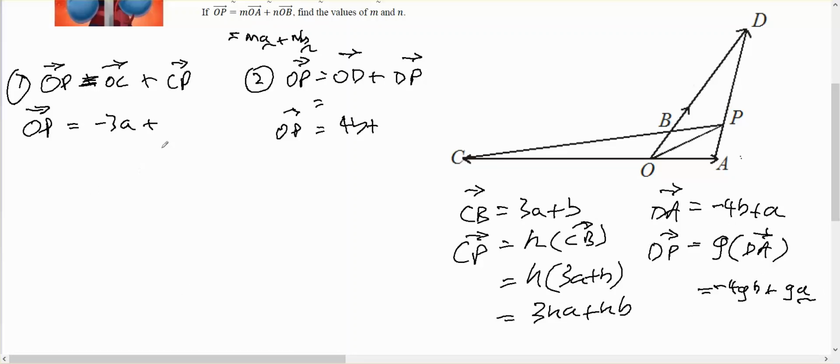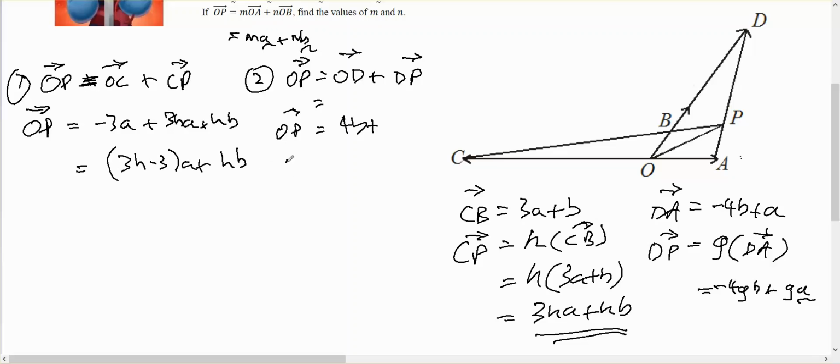If I come over here, I'm looking for CP. I know CP is equal to this, so OP equals minus 3A plus 3HA plus HB, which is 3H minus 3 A plus HB.